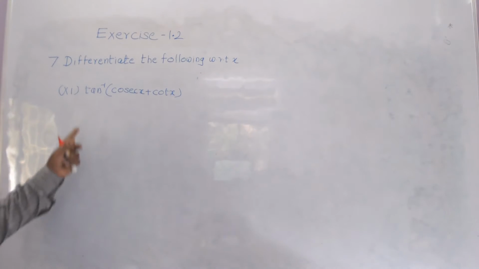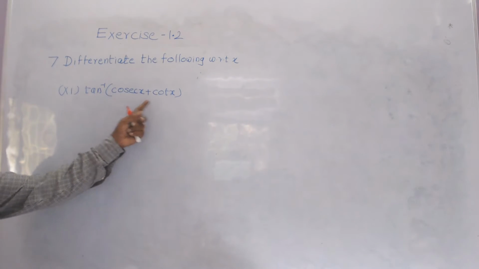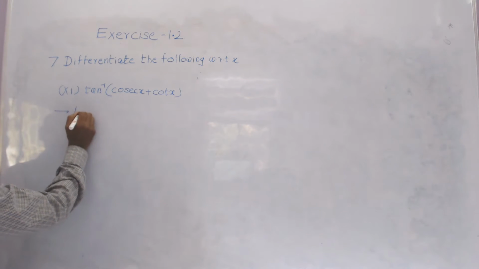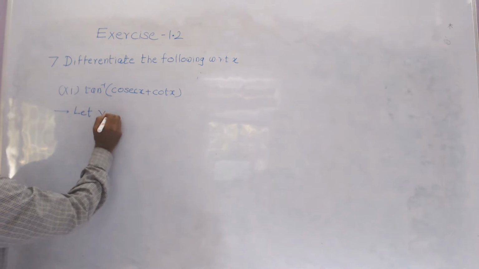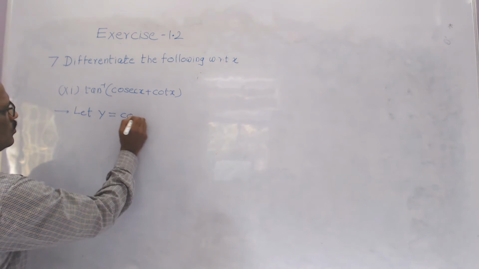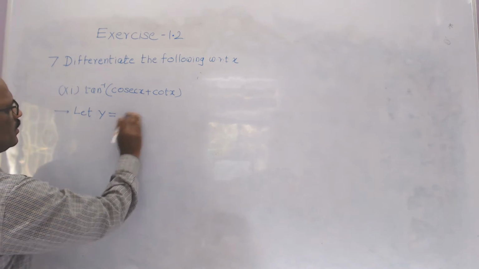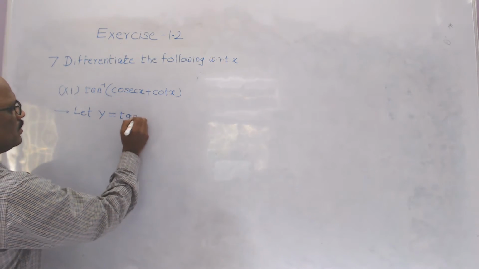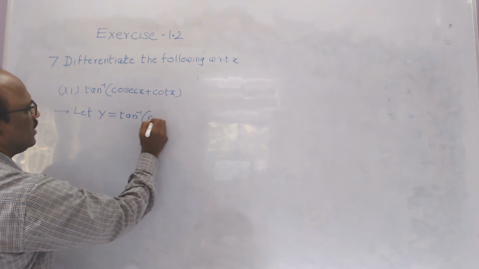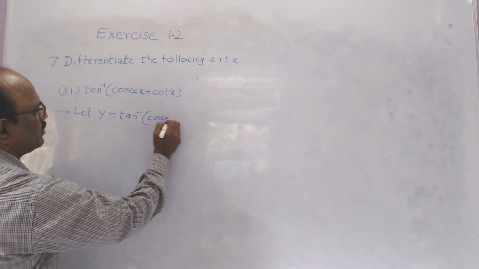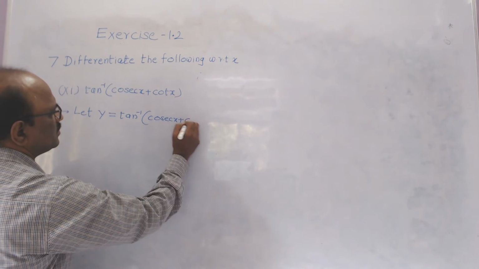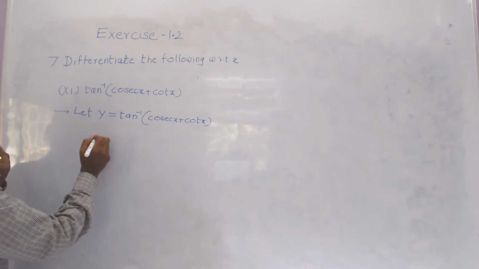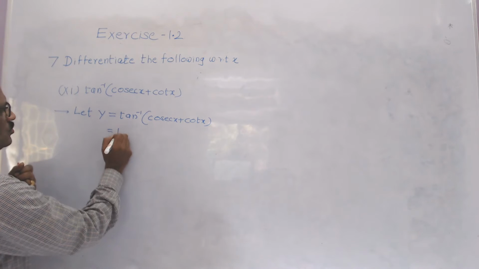Now the next question is tan inverse of cosec x plus cot x. Again, let y is equals to tan inverse of cosec x plus cot x.